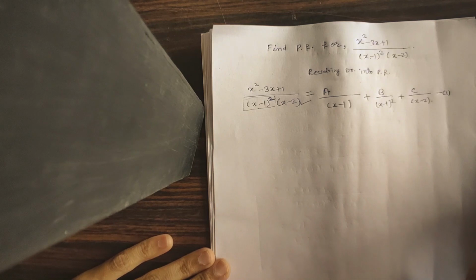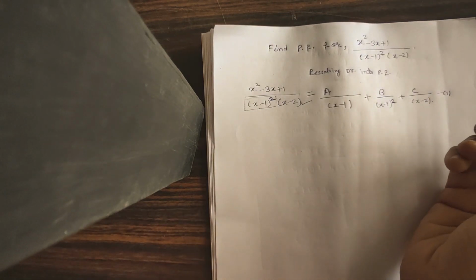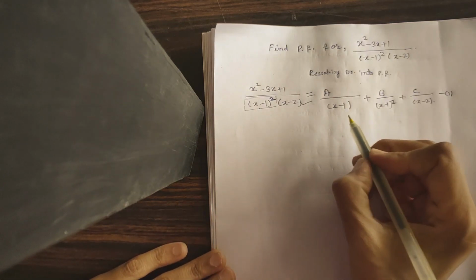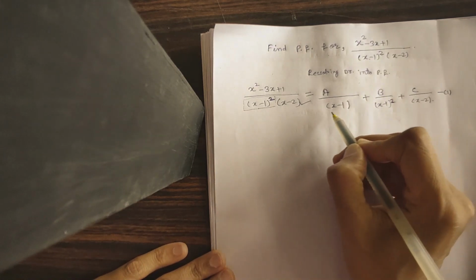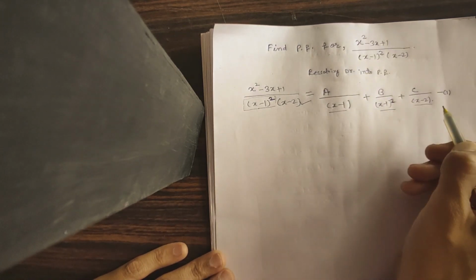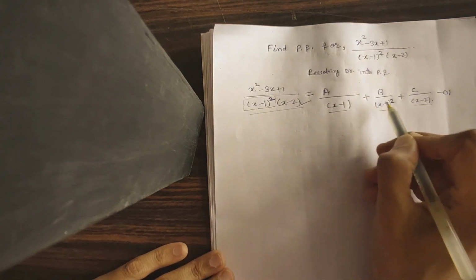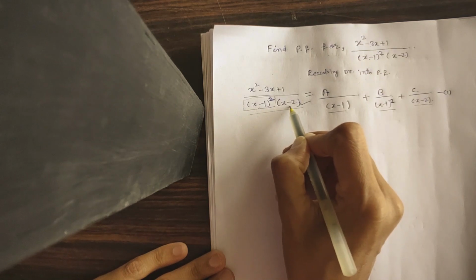So as usual we find the solution of these things that we have discussed in the previous lecture. Now first of all I want to add these 3 things. So I want to make the denominator equal to this thing, right? What will be the LCM of these denominators? It will be x minus 1 square into x minus 2.